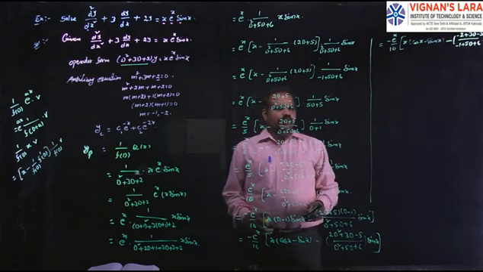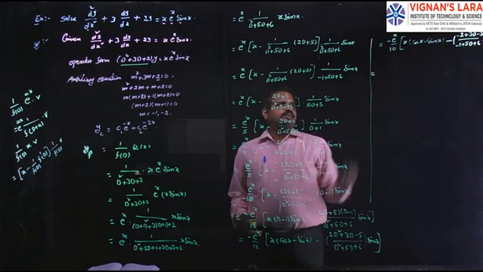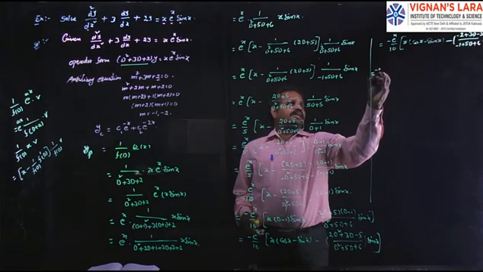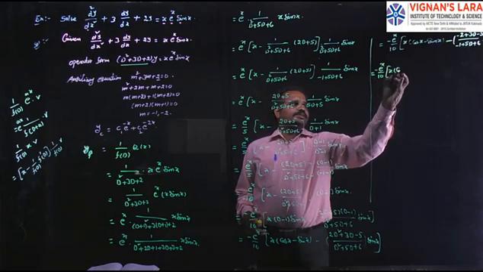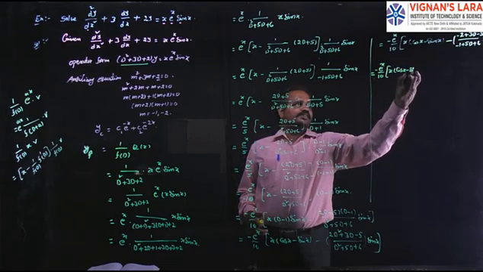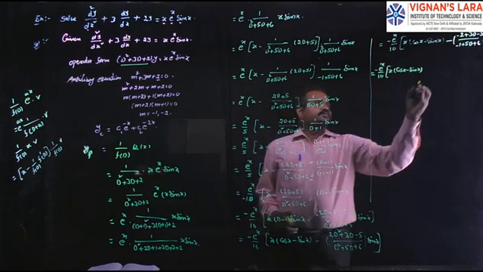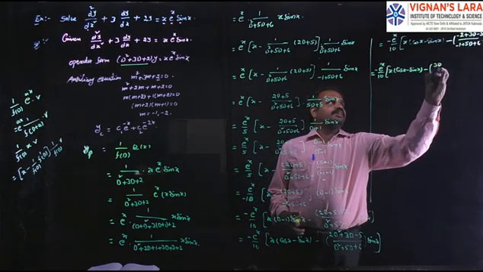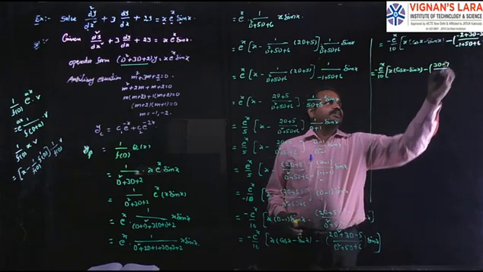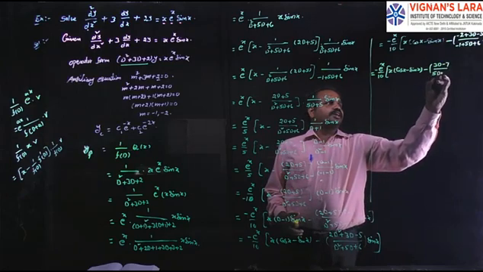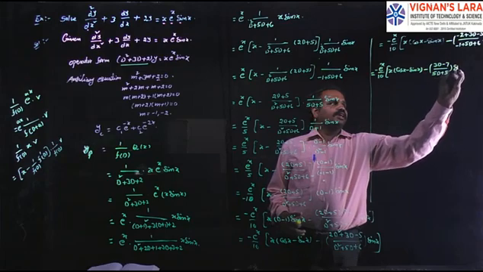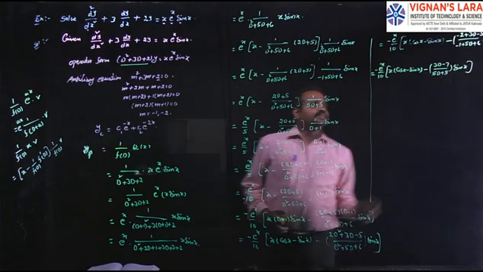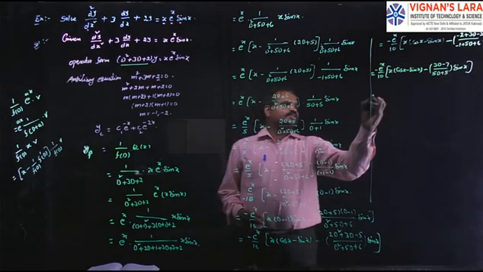Which is equal to minus e power x by 10 into x into cos x minus sin x, minus (3D minus 2 minus 5, minus 7) by (5D plus 5) into sin x. Same process here also.